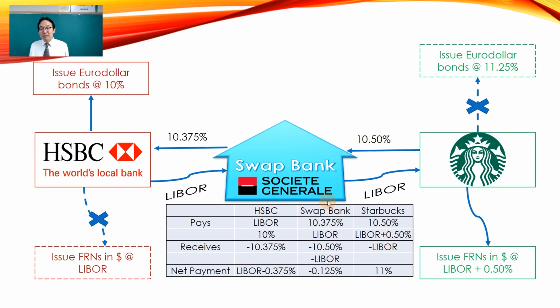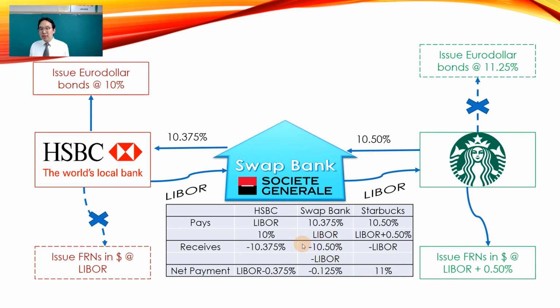And how about the swap bank's business? Well, they have to pay 10.375% and LIBOR to the two parties, fixed and then fluctuating. And then they receive fixed 10.5% and then fluctuating LIBOR. So LIBOR cancels each other out.